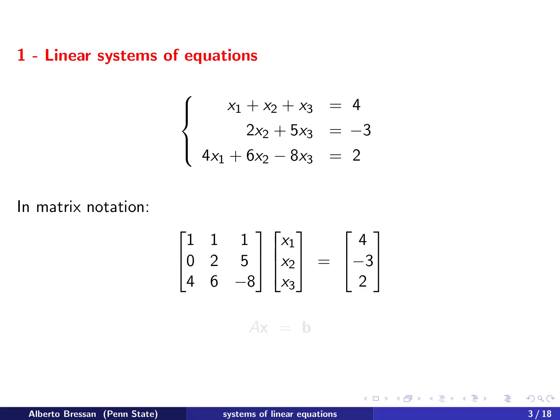So this is a matrix, this is a vector, and this is a vector, and we can denote them simply by one letter. From now on, you will very often see us write it as capital A times x equals b, where A is this 3 by 3 matrix, x is the unknown vector, and b is the vector on the right-hand side, which consists of constants.